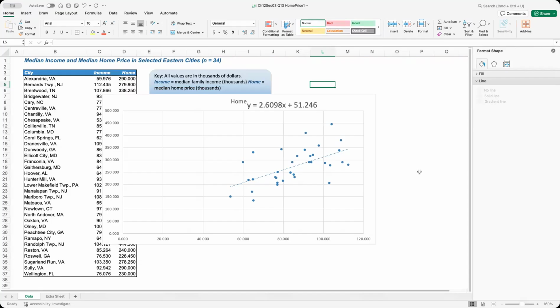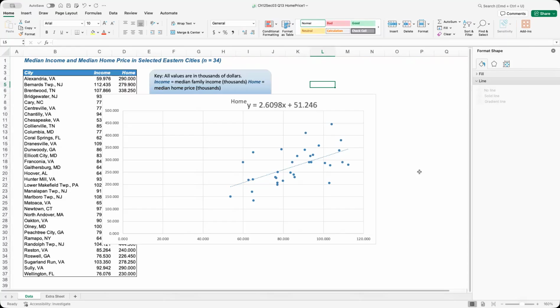Now, I could find the correlation coefficient. We had a command for that. What was the command for our correlation coefficient? It's CORREL, the start of the word correlation.